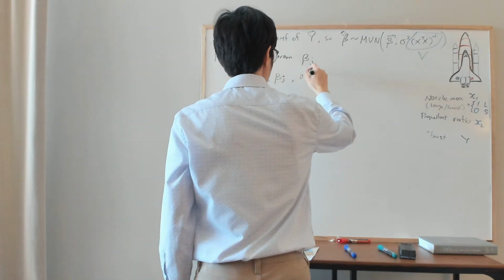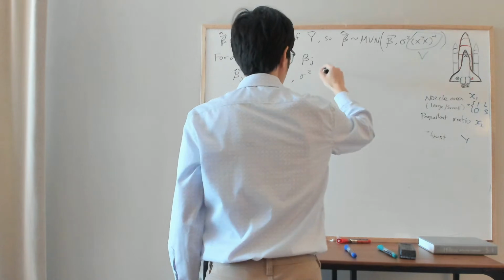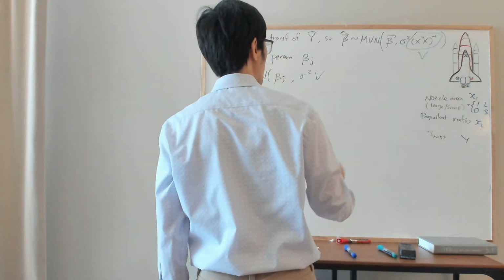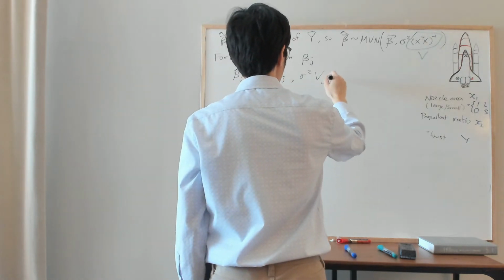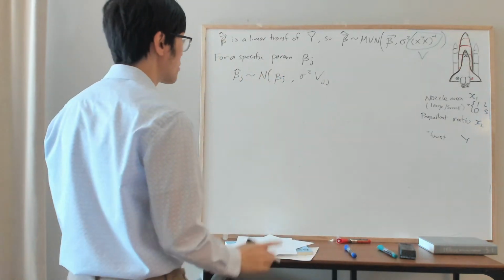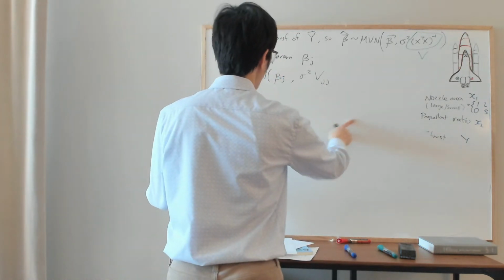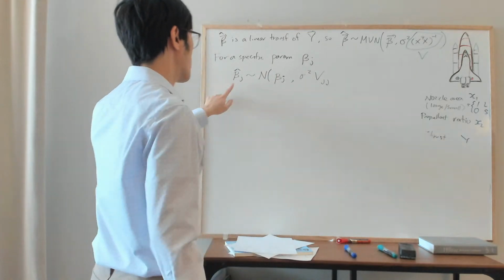So it's going to be sigma squared times, and that's why I'm using the shorthand, take the matrix B and then take the jth entry in there, and that would give us the variance for the marginal.